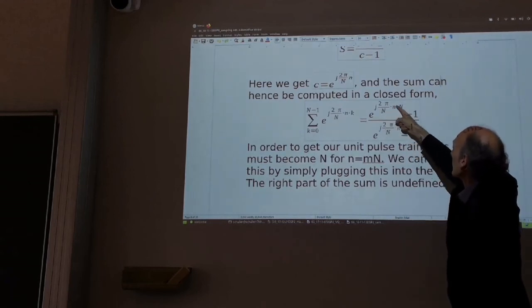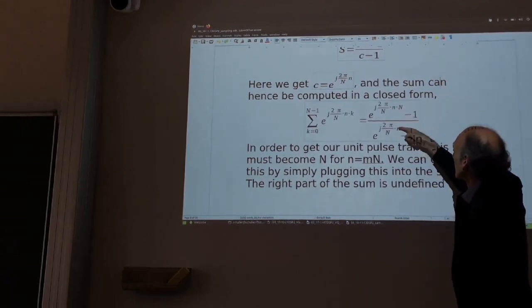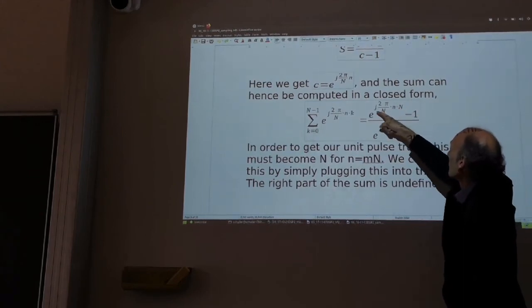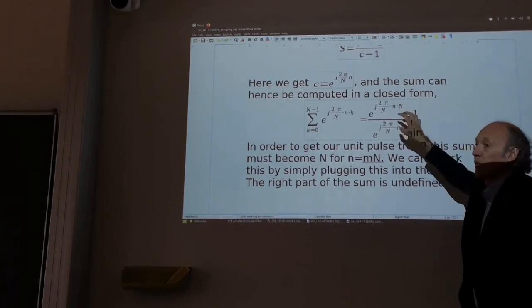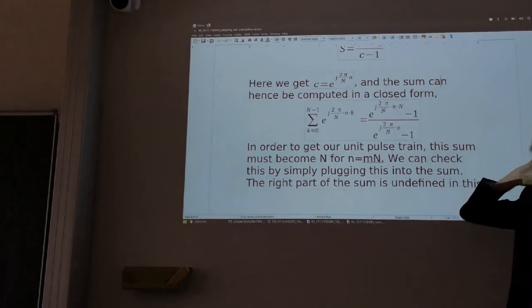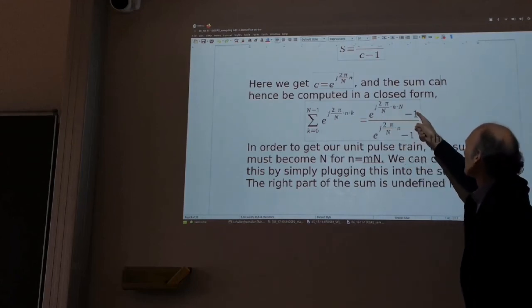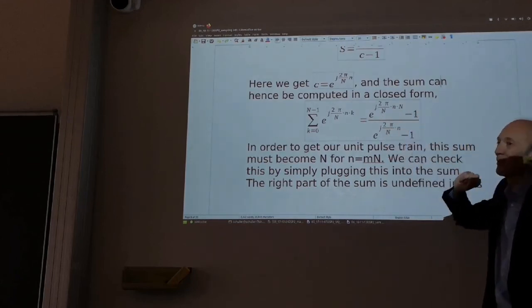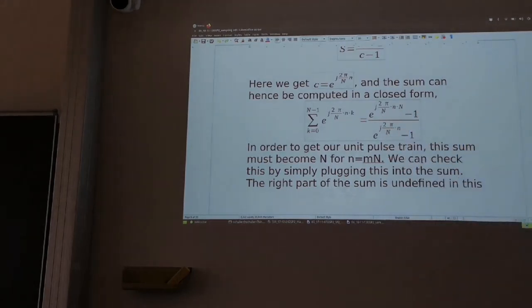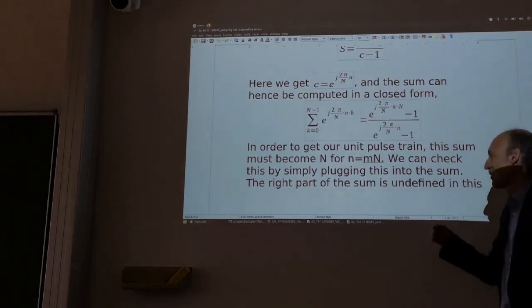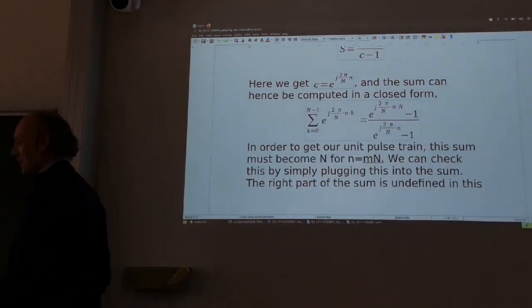That means here capital N cancels, here capital N cancels, and we just have e to the j 2 pi times some integer. What is e to the j 2 pi times some integer? 1. Yeah, it's always 1, right? So we have 1 minus 1 is 0, and 1 minus 1 is also 0. So what's the result? What's 0 divided by 0? Yeah, undefined. Right. So that means here we are stuck.